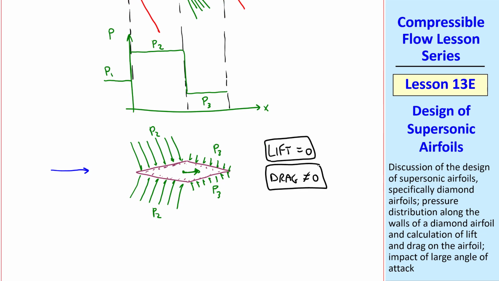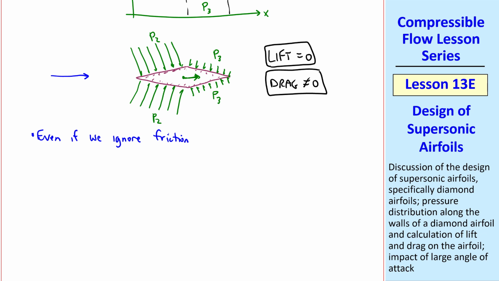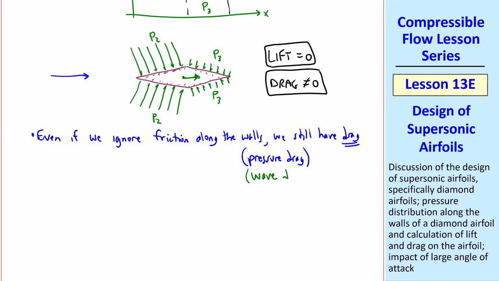And this is a very interesting phenomenon. Even if we ignore friction along the walls, we still have drag. The drag is due to pressure only, not to shear stresses. Of course, in real life, you'll have some friction forces as well. We also sometimes call this wave drag.